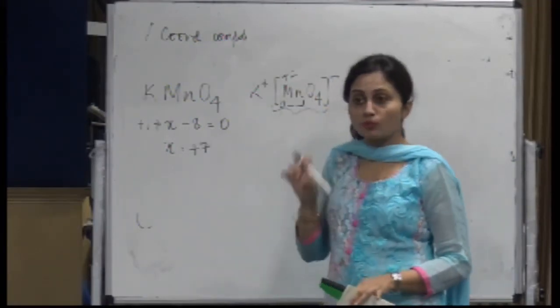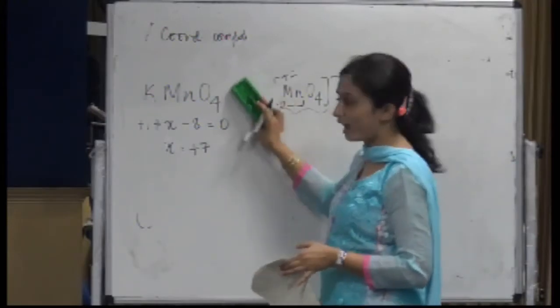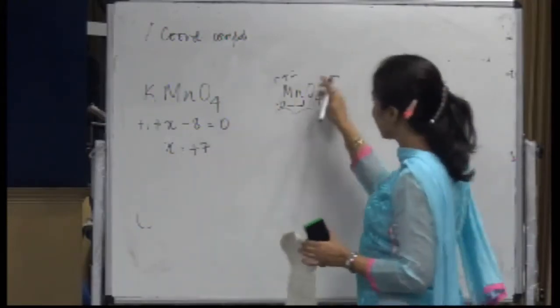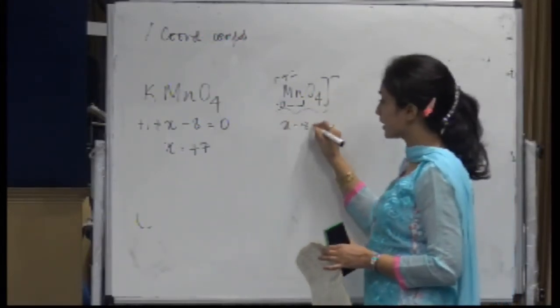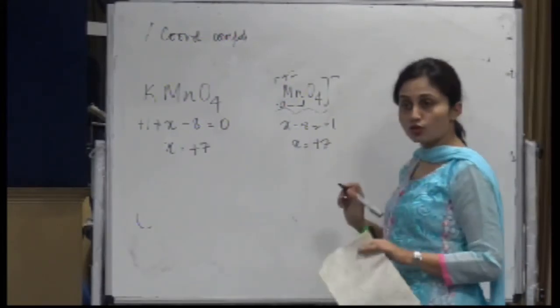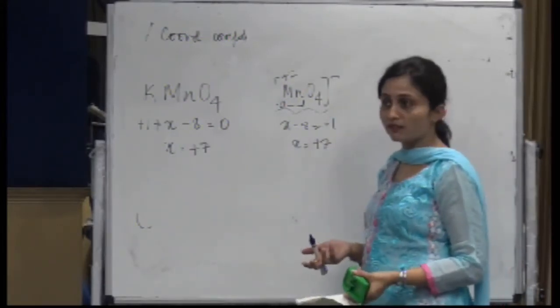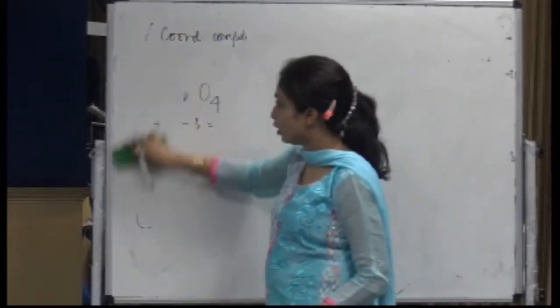Remove the K, the outside ionizable valence, and the coordination sphere carries a charge, that's -1. Then take it as x minus 8 is equal to -1. So x becomes equal to +7. I think you all can do it very well. You should be able to find out the oxidation state of the central metal atom also.